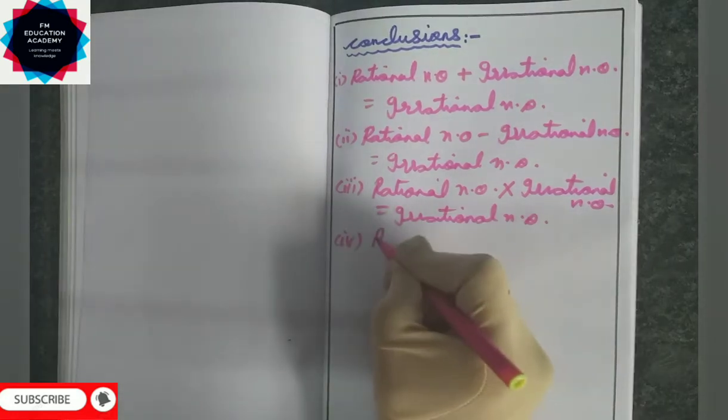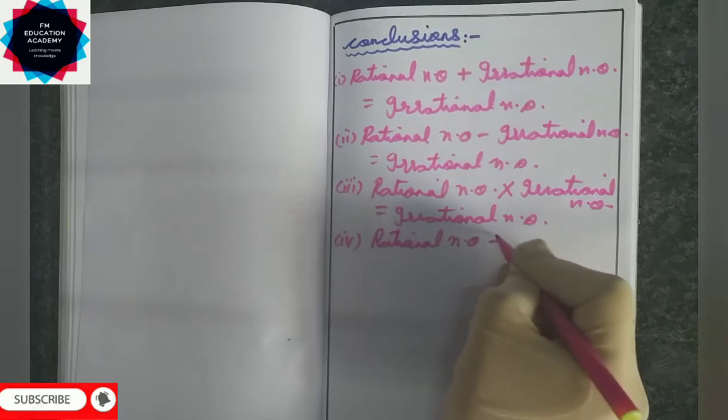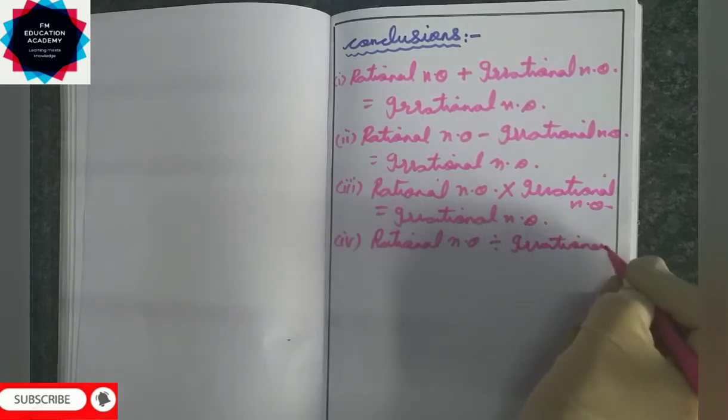Now, similarly, when I divide one irrational number by another irrational number, I will get the result as an irrational number.